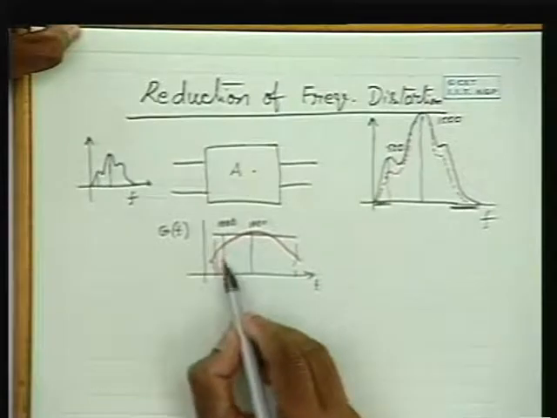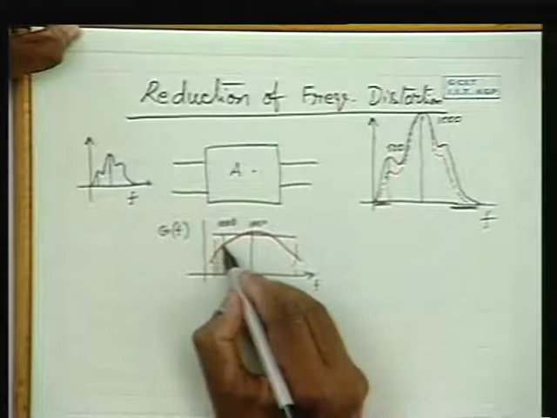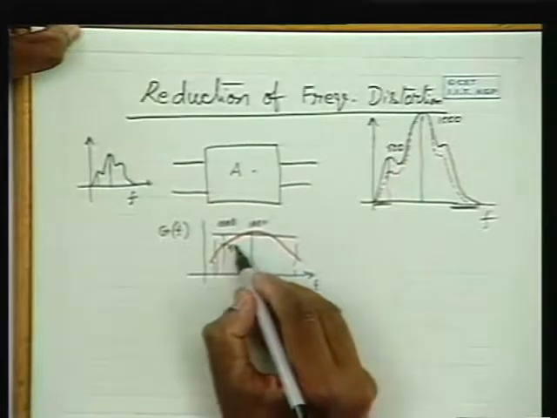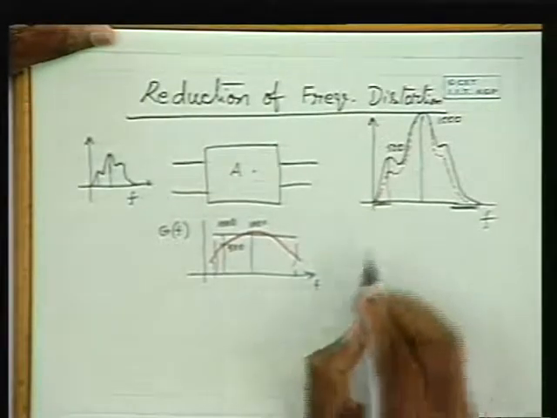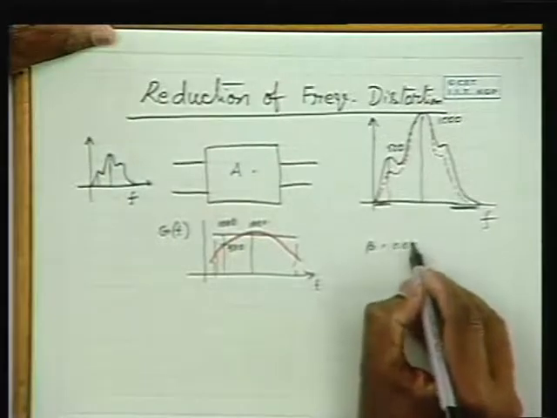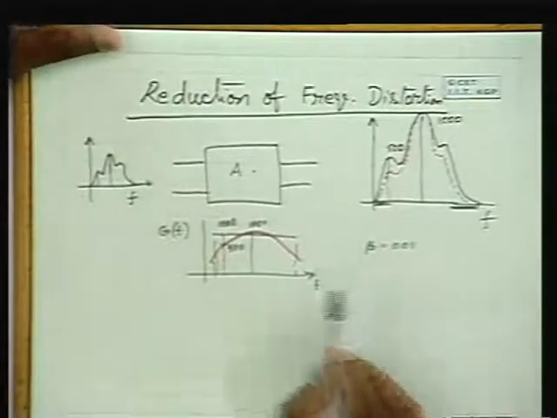Because of distortion by the amplifier, let us say the gain is equal to 500 here, and let us say beta is equal to 0.01, and now we have provided feedback and beta is 0.01.